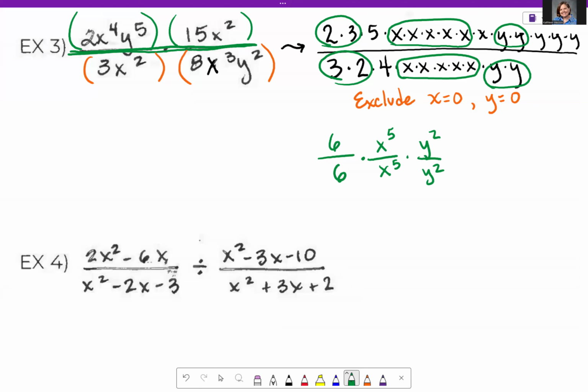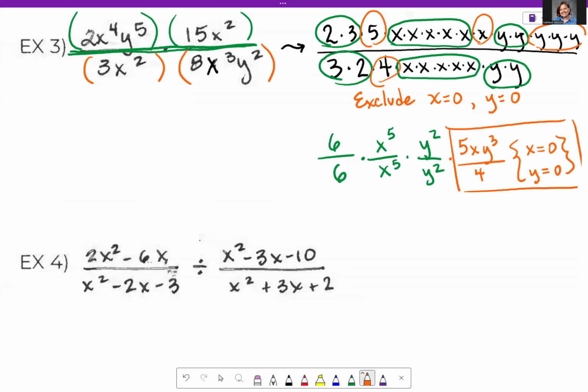Then I can write together the parts that are left, which would be 5xy to the third in the numerator and 4 in the denominator. 5xy to the third over 4 is equivalent to the original multiplication problem as long as I make sure that x is not allowed to be 0, it's excluded, and y is not allowed to be 0 either.